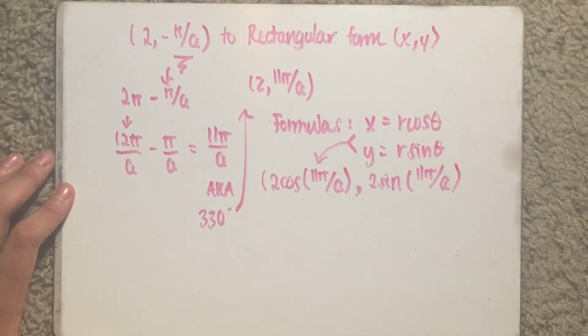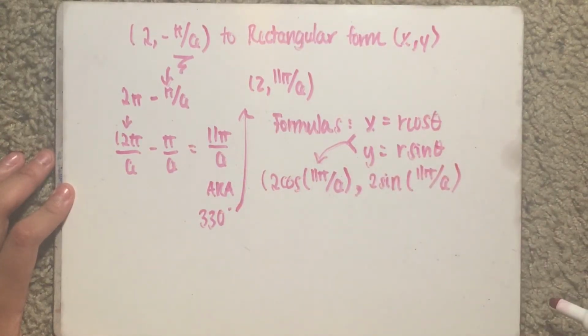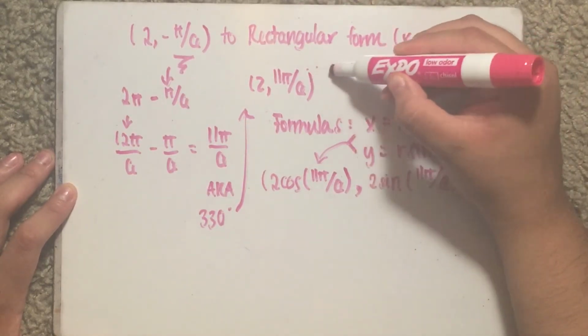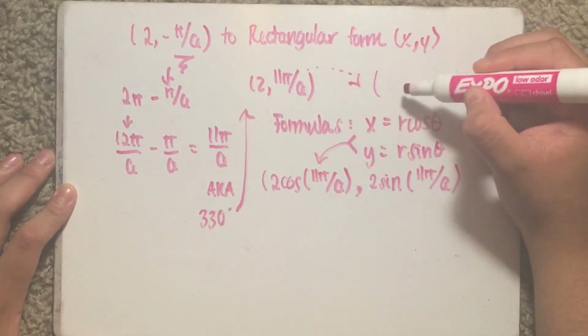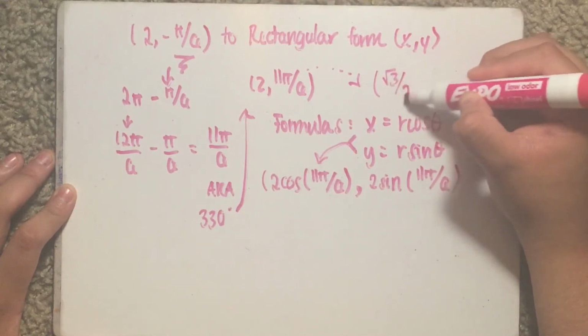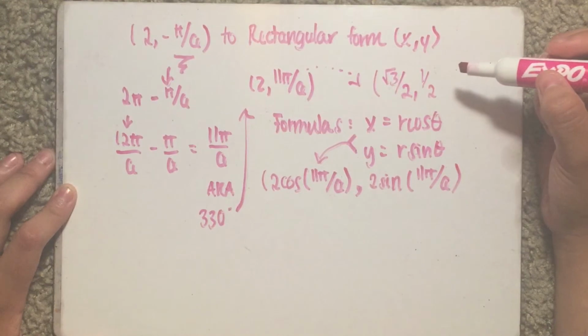So now we have to look back at the angle, which is 11 pi over 6, and look at its coordinate on the unit circle, which is square root of 3 over 2 comma negative 1/2.